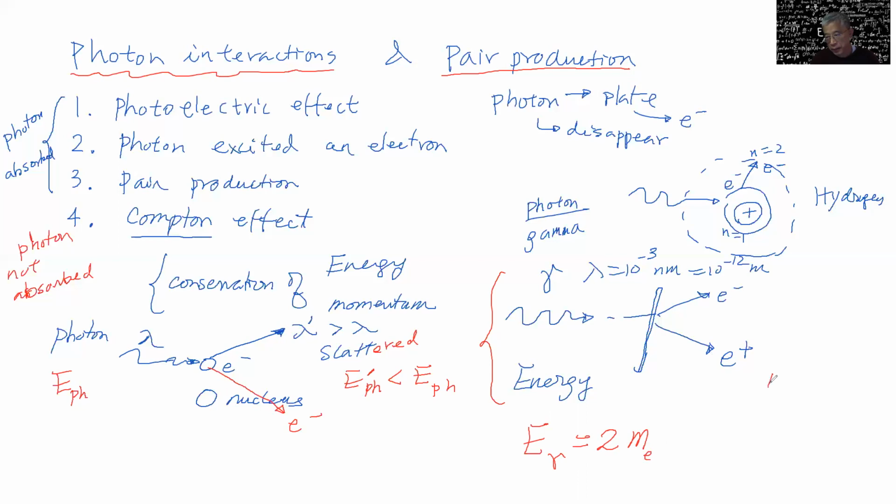And the positron's mass is the same, E plus is the same as E minus, and they both equal 9.11 times 10 to the negative 31 kilogram. So this is called a positron, P-O-S-I-T-R-O-N, and in Chinese it's called 正电子. Okay. So this one is 2mc squared.